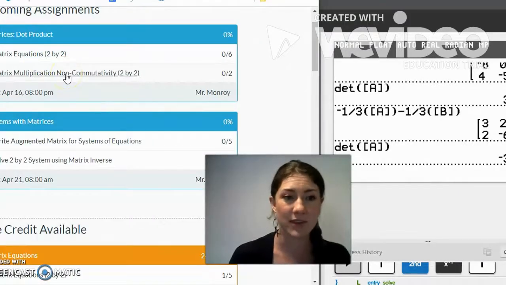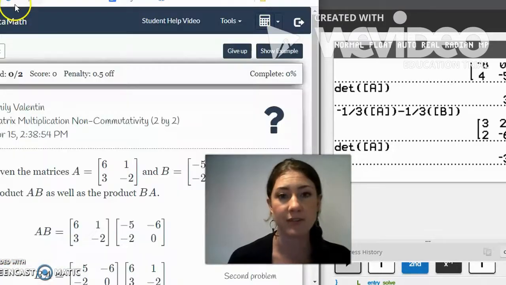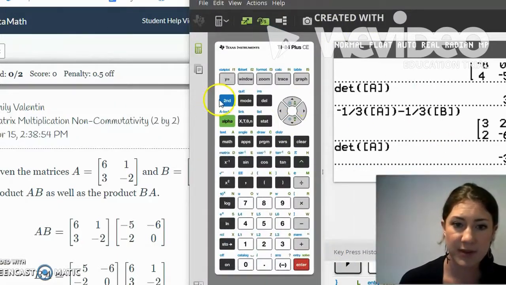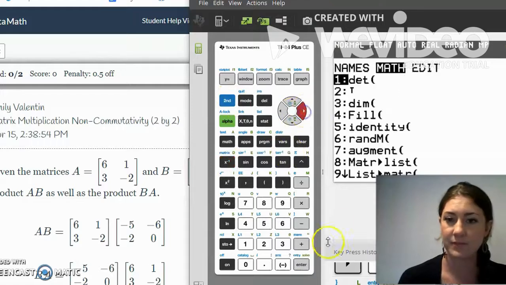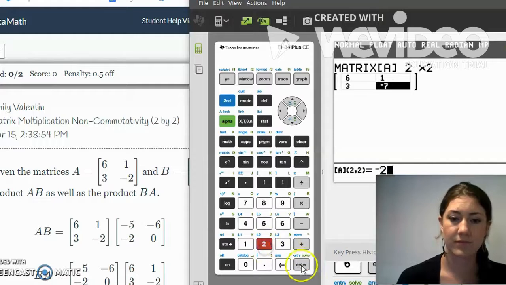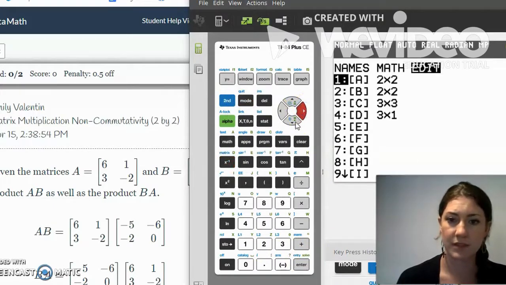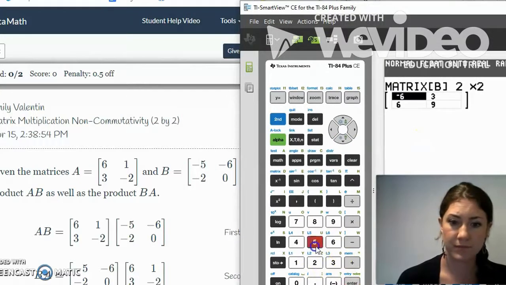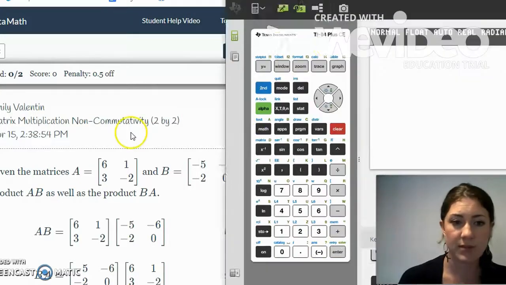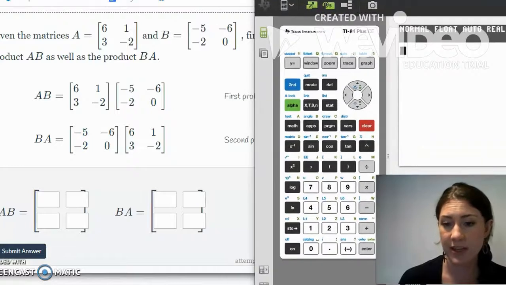Okay, we are finally moving into matrix multiplication, aka this one, we definitely want to use the calculator. So first thing I'm going to do is enter my matrices, just like always. This question is actually asking for both orders, A times B and B times A. Remember we talked about the non-commutativity of matrices?